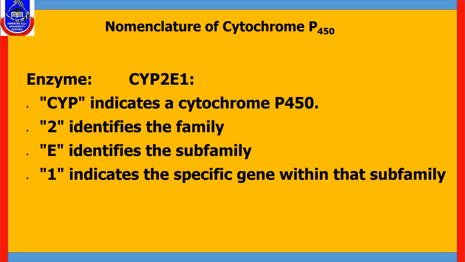Now, look at this example. CYP2E1. CYP is a cytochrome P450 enzyme. In other words, CYP means cytochrome P450.